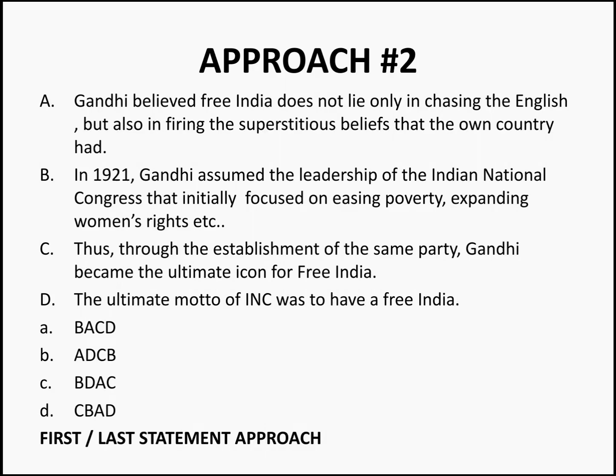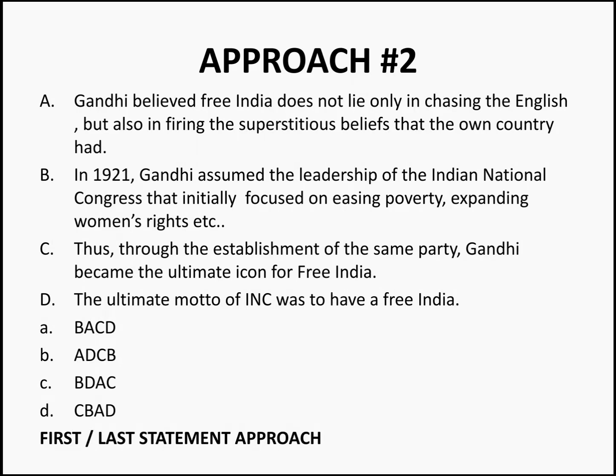Now, just look at statement C. It starts with thus. Usually when will we use all these words? It acts as a concluding statement, right? So that statement says, thus through the establishment of the same party, Gandhi became the ultimate icon for free India. And this statement is also acting as a reason or a solution for the question, how did Gandhi become the ultimate icon for free India?